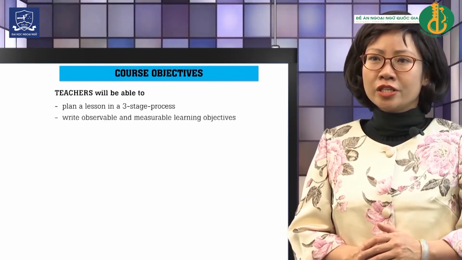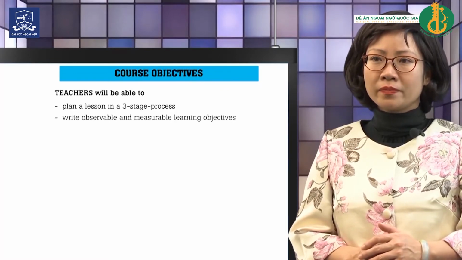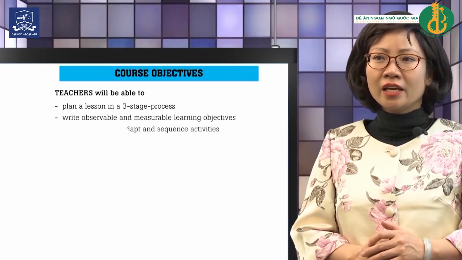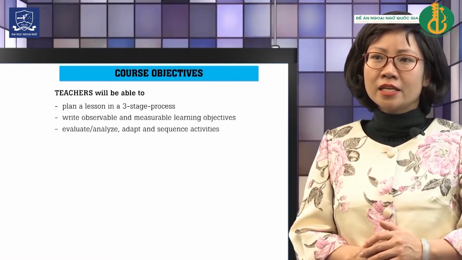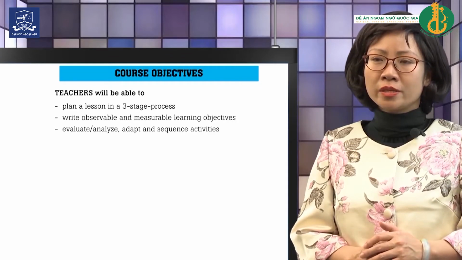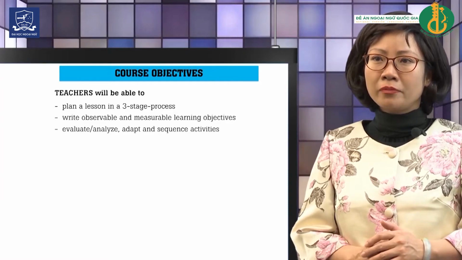Specifically, teachers will be able to write observable and measurable objectives. Then, they will be able to evaluate, analyze, adapt, and sequence activities so as to meet the learning objectives, providing a variety, flexibility, and practicality.